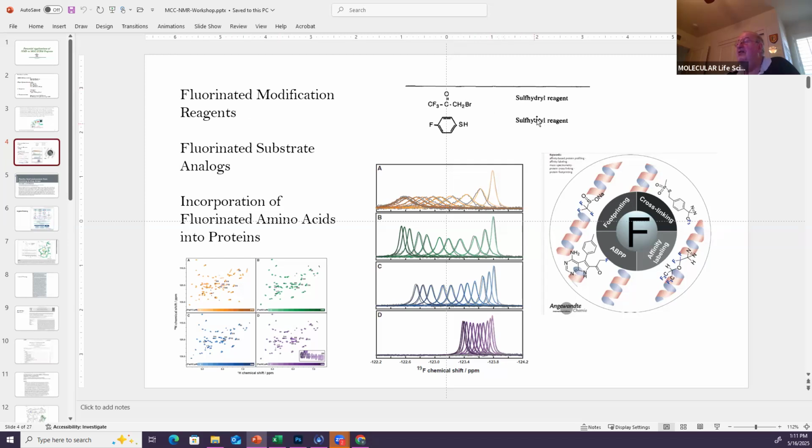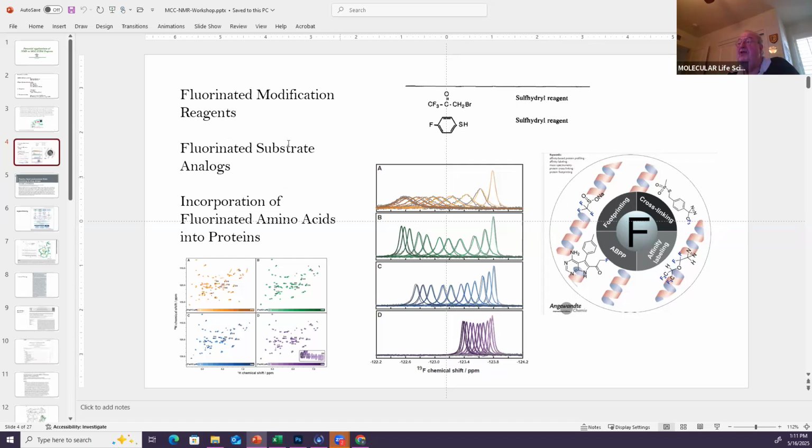Of course, if you want them in specific places, you can introduce a sulfhydryl at a specific place in your protein through site-directed mutagenesis, and then use a fluorinated modification reagent that covalently attaches to the sulfhydryl. So that's one way to get fluorine into the system.